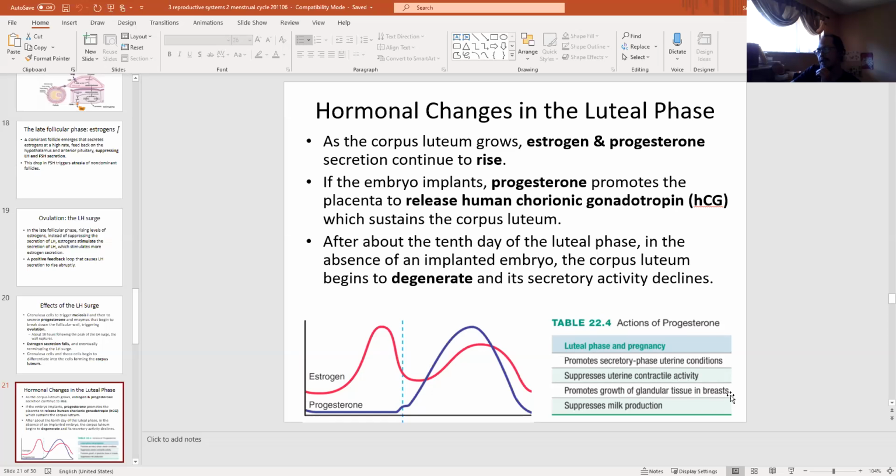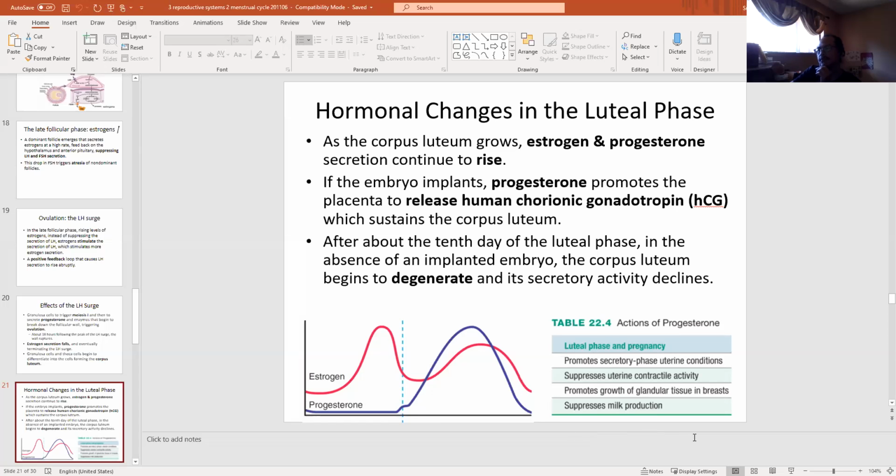So the mammary gland in the breast will become bigger, become larger, and be ready to produce milk for the coming baby, but suppress the milk production. So it's growing the glands, but suppressing. It's not milk yet until the delivery of the baby.